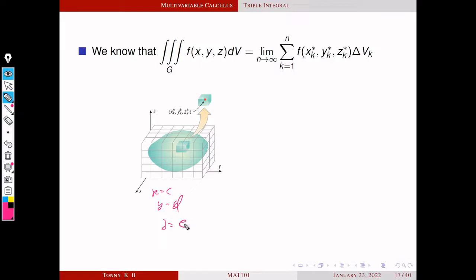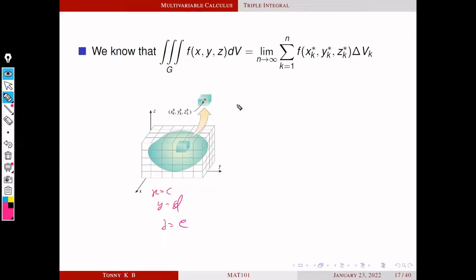Using such planes, you can subdivide the solid into small rectangular pieces. Suppose there are n such cuboids, and delta vk is the volume of that cuboid, and this point is an arbitrary point from the kth cuboid. Then you consider this sum, then take n tending to infinity. This is the process.